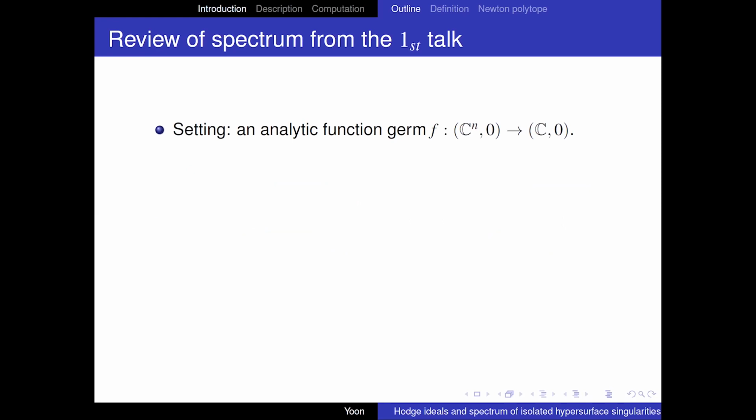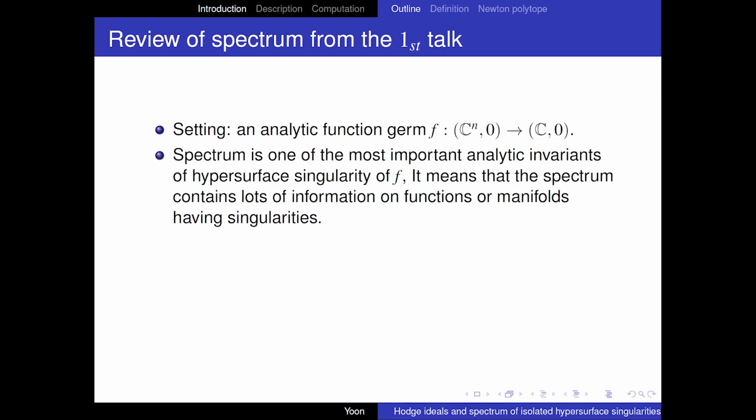From Cn to C, we have an analytic function germ at 0. Spectrum is one of the most important analytic invariants of a hypersurface singularity of a function.